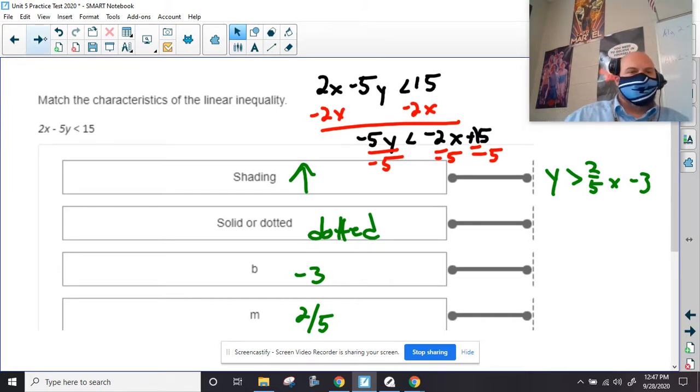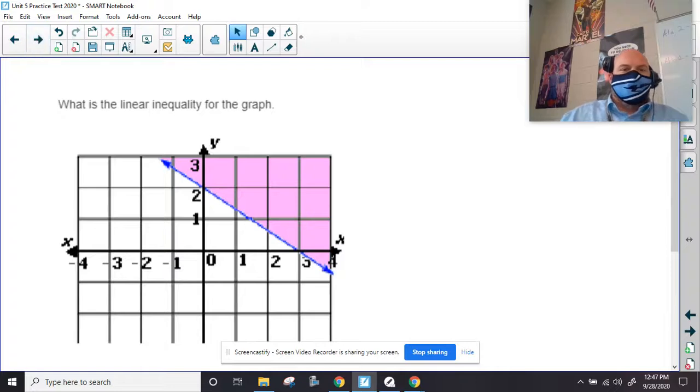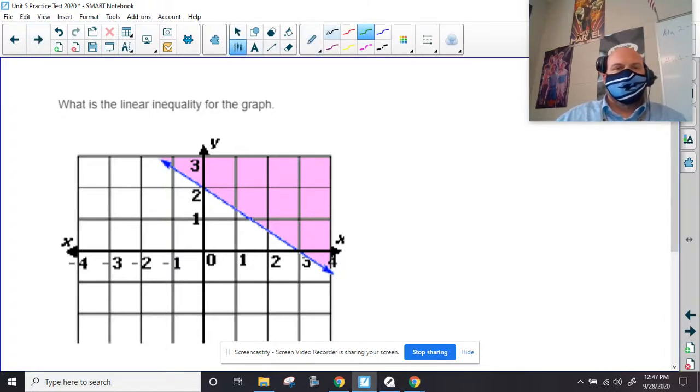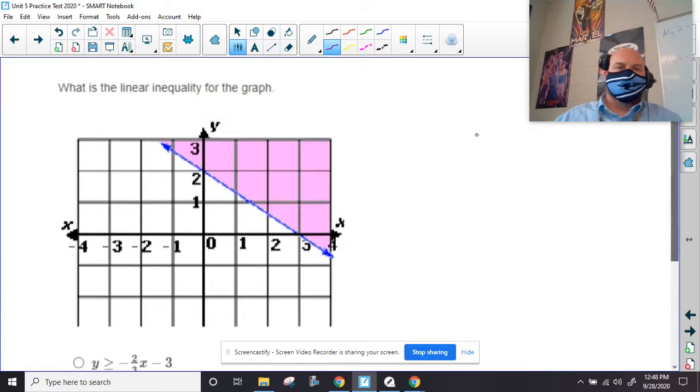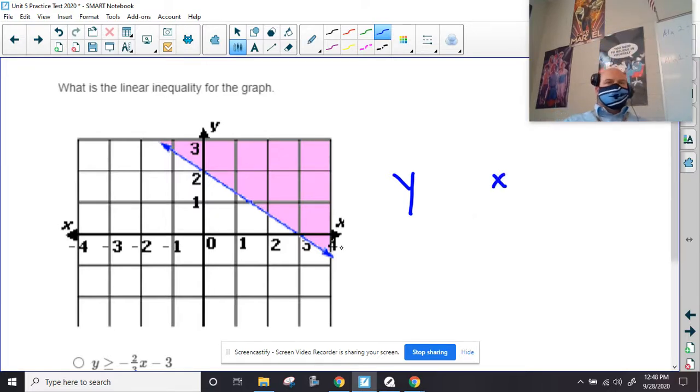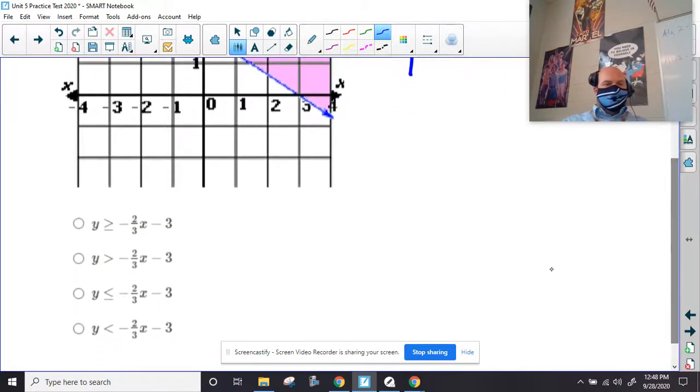Oh, we got plenty of time. All right. So we know this is multiple choice. This is awesome. So glad I wrote it this way. All right, so we know we're going to have a y in there. We know we're going to have an x. Okay, is this a solid or dotted line? Solid. So we know it's going to have a line underneath it. So on test taking skills, you could go ahead and mark out these two.